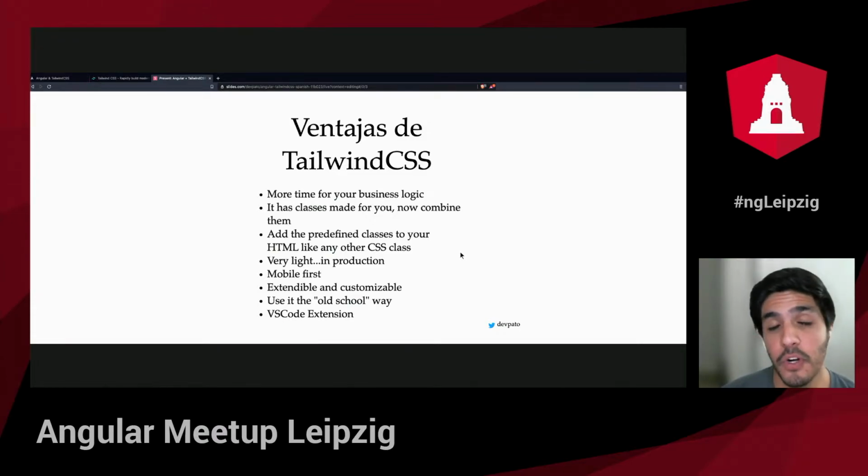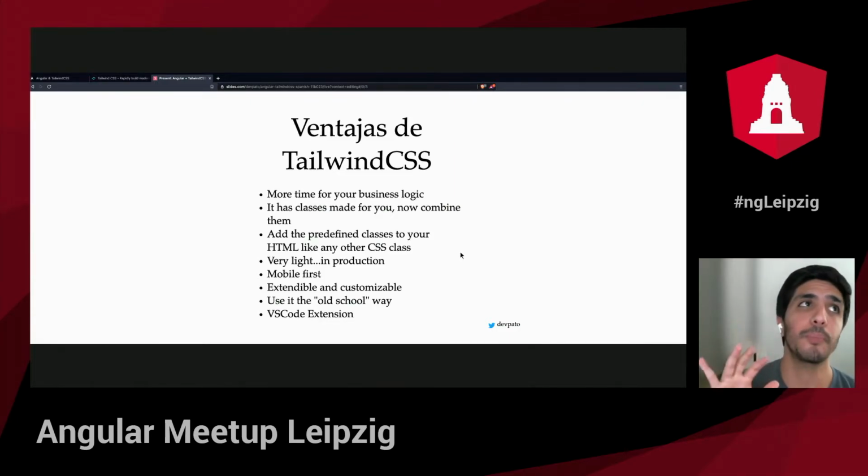Tailwind is mobile first, meaning that all the CSS classes are going to be mobile friendly from start, right? So some people usually try to develop applications starting with desktop view, and then they create some media queries to adapt their application into a mobile view or make it mobile friendly. But in this case, it's actually the opposite.